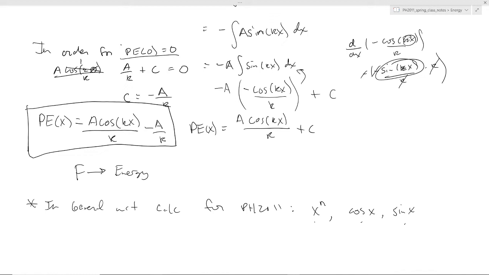To know what the answer is and to check it and make sure that it works, right? So that's sometimes how we, as physicists, approach math. You're good to go? Okay.